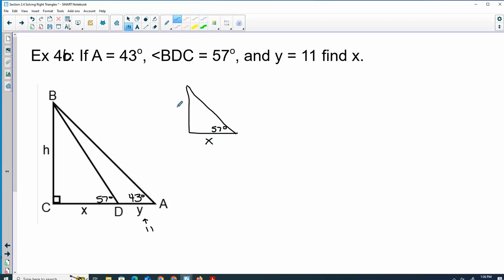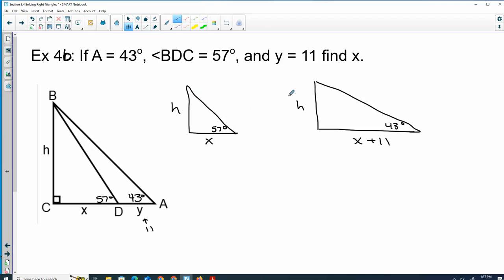This is X and H. That's my first right triangle. My second right triangle is the bigger one, so this is 43. This is H. What's this entire side? I already told you that Y was 11, so we could go ahead and change that to X plus 11.